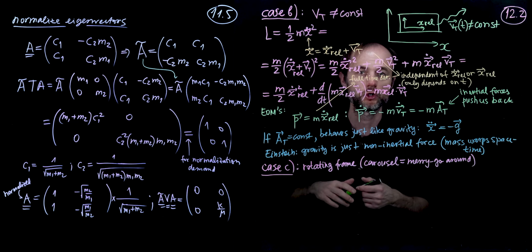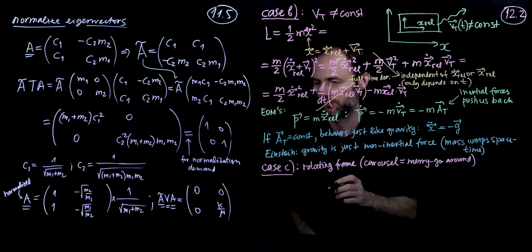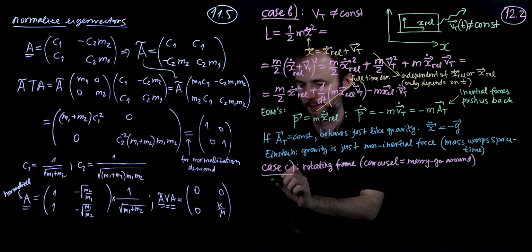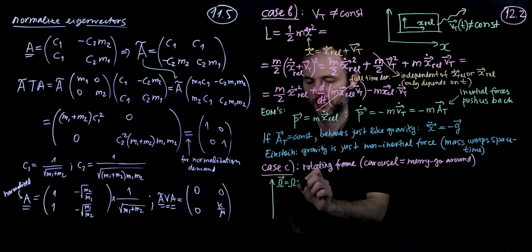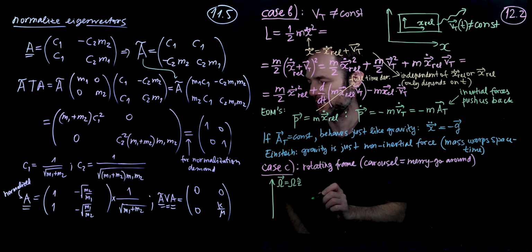So let's draw a cartoon that illustrates the problem. Suppose that our rotation happens around the z-axis. So our omega is equal to omega scalar times z hat.